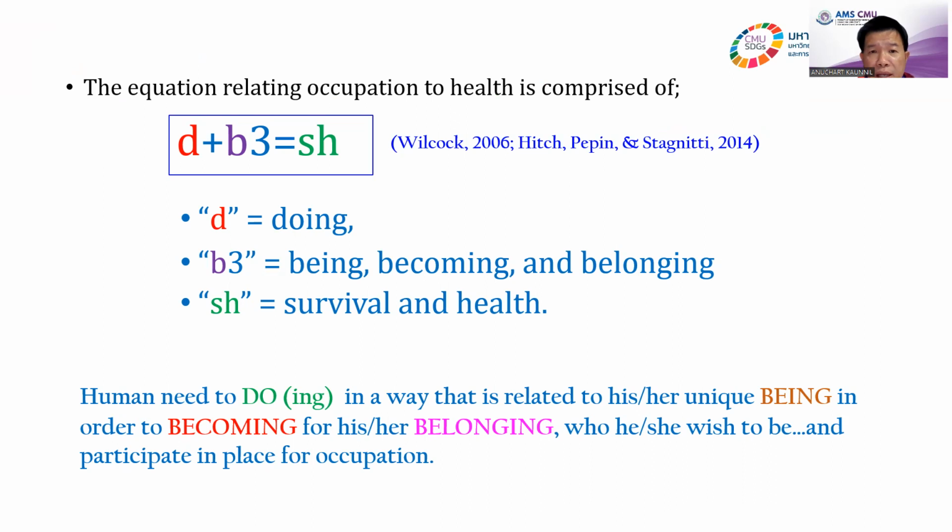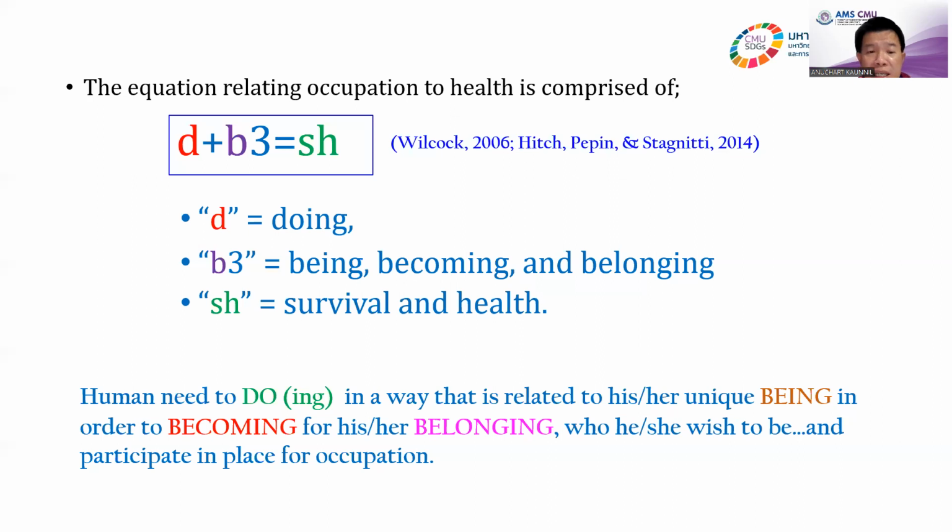Relating occupation to health is comprised of 1D plus 3B equals survival and health. D represents doing, and 3B is being, becoming, and belonging.